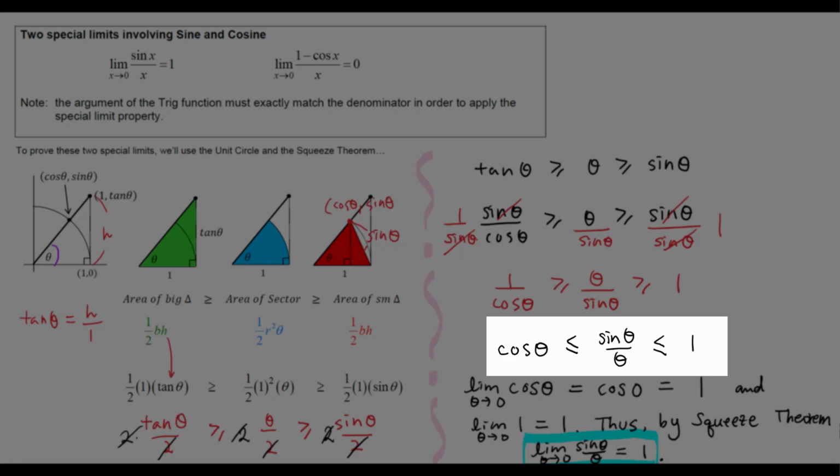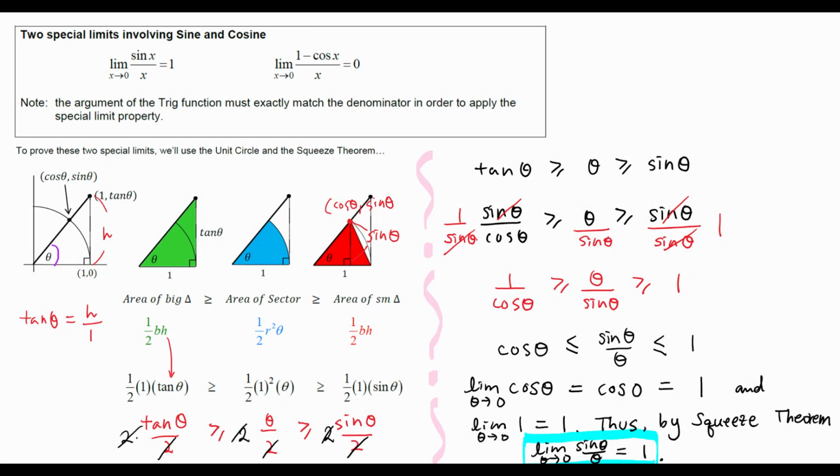So then we are going to multiply all three sides by sine theta, and I get sine theta times cosine theta, and multiply sine theta to 1 as well.